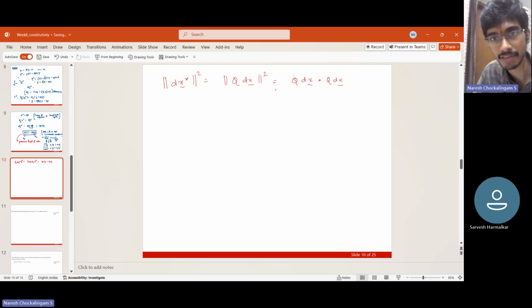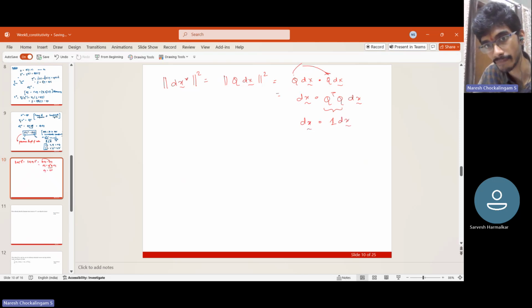And if you remember the definition of transpose, you can take this to the other side with the transpose. So you get dx dot Q transpose Q dx. But what is Q transpose Q? It is nothing but the identity. So we have dx dot identity dx, and this is nothing but dx dot dx, which is the length of dx squared.